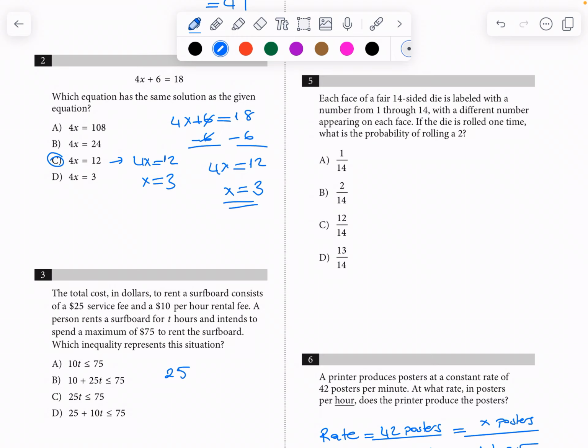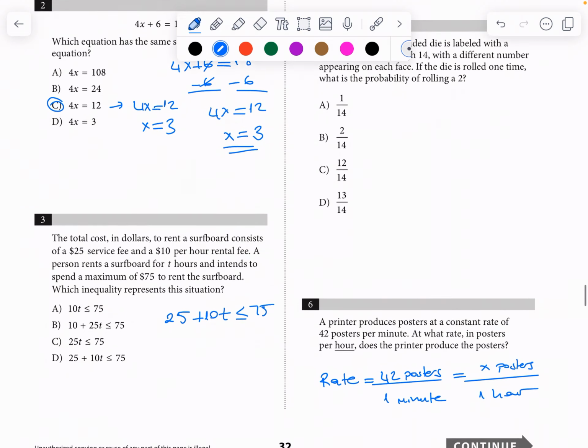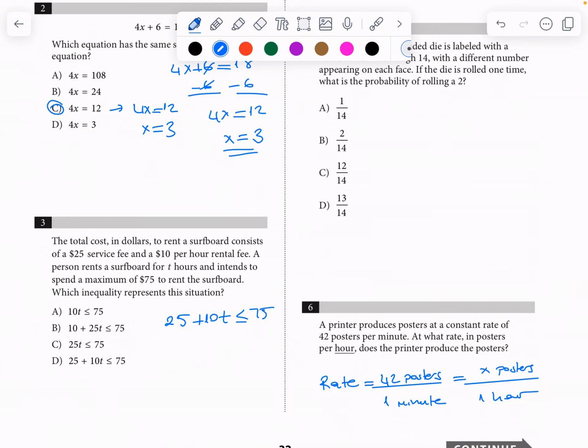So the rental fee is, guys, $10 per hour, which means 10T, and it'll be, guys, less than or equal to 75. The intends to spend a maximum means it'll be less than or equal to $75. Okay, so this is going to be, guys, our inequality for this situation. So the correct answer is going to be D.